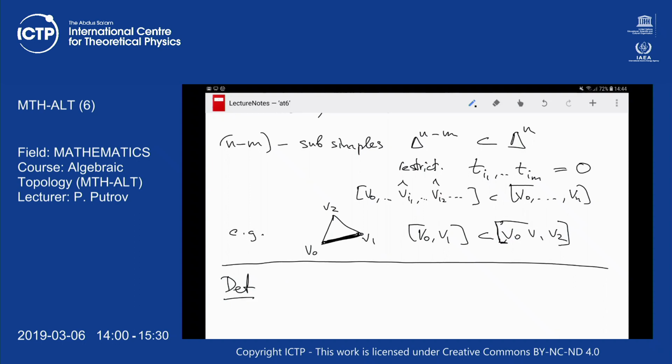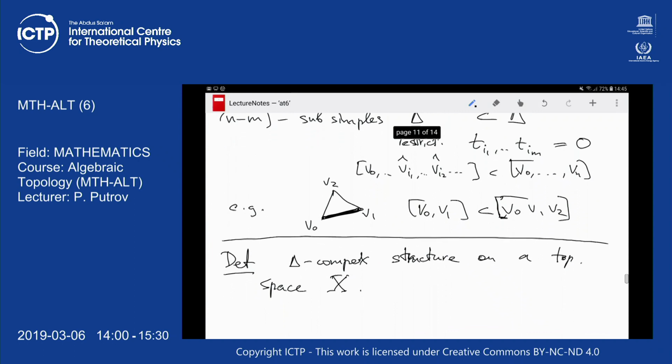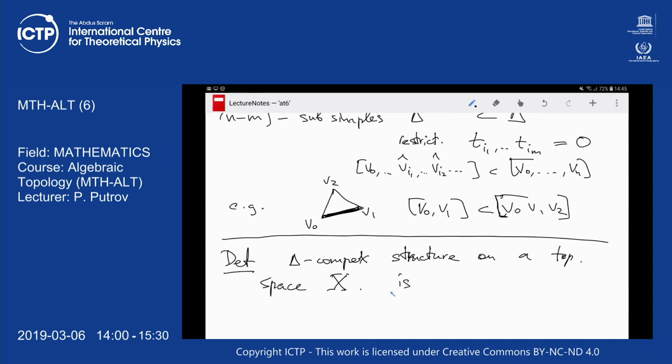So another definition that we want is the definition of what is called a delta complex structure on a topological space X. So by definition, this delta complex structure is a collection of maps, which is denoted by sigma alpha.